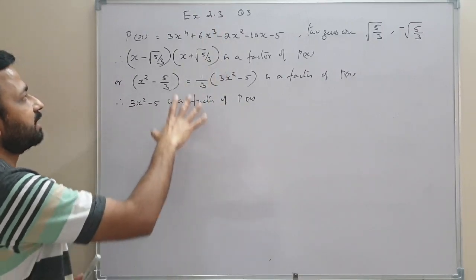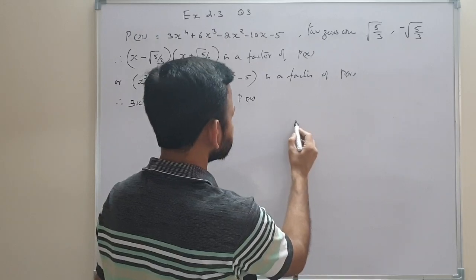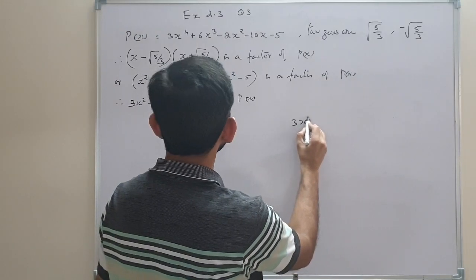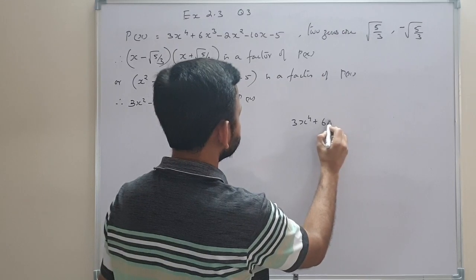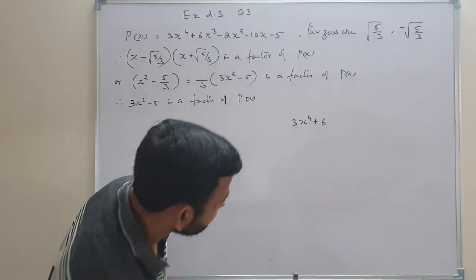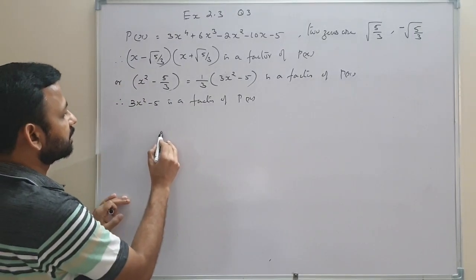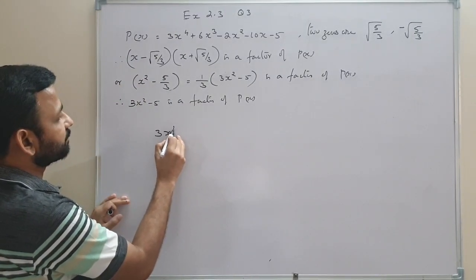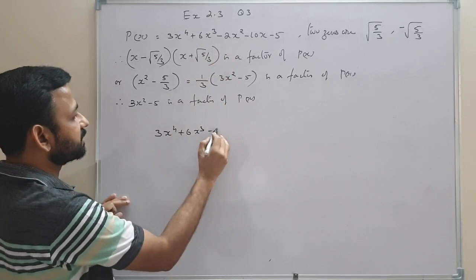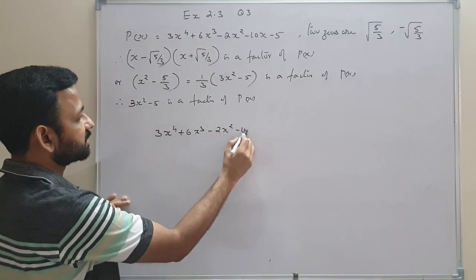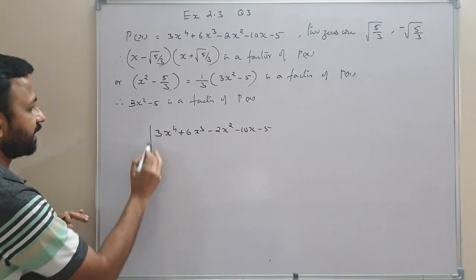Now we can divide the given polynomial, 3x raised to 4 plus 6x cube minus 2x square minus 10x minus 5, by 3x square minus 5.